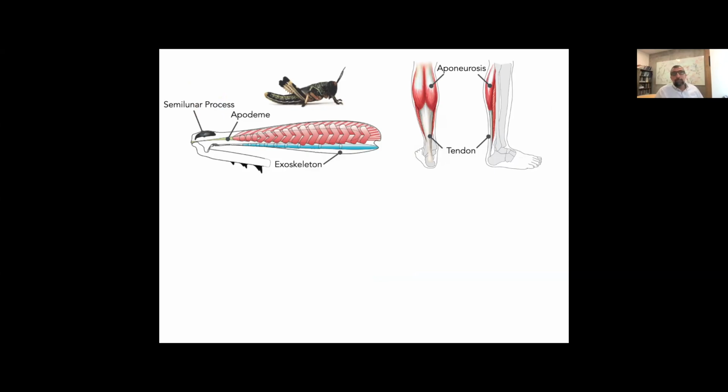In-series elasticity exists in both invertebrates and vertebrates. I consider this really a ubiquitous part of the animal kingdom. I think there's some elasticity and elastic tissues in nearly all organisms.